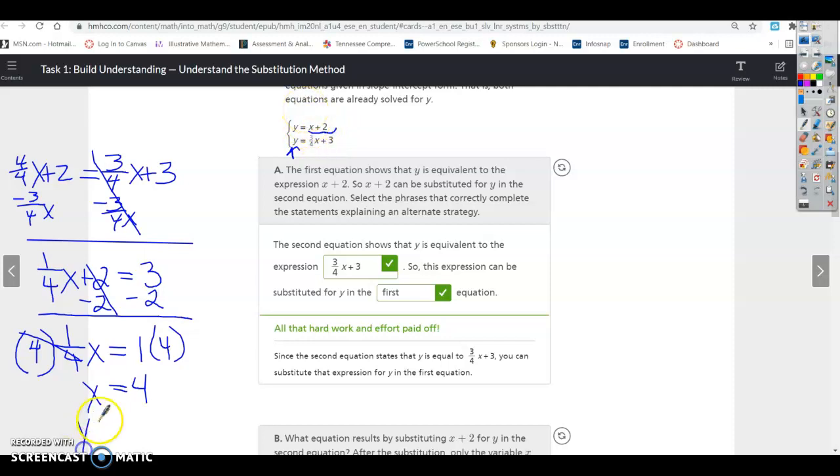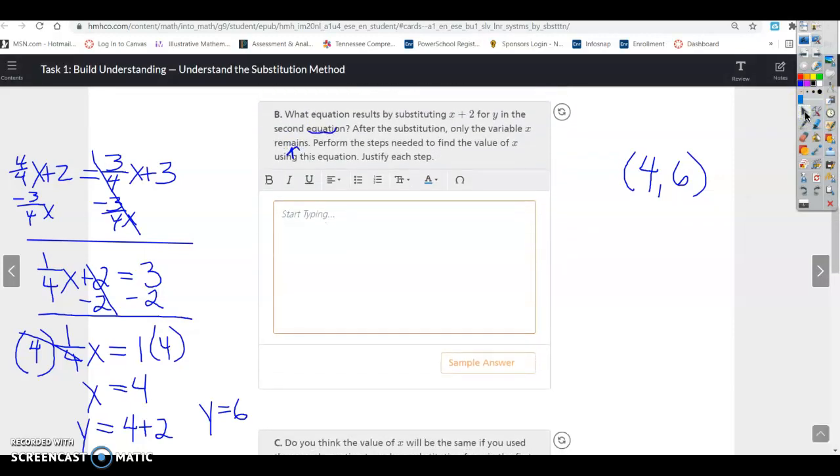So y equals 4 plus 2, or y equals 6. So your solution would be 4, 6. So that answers part B there.